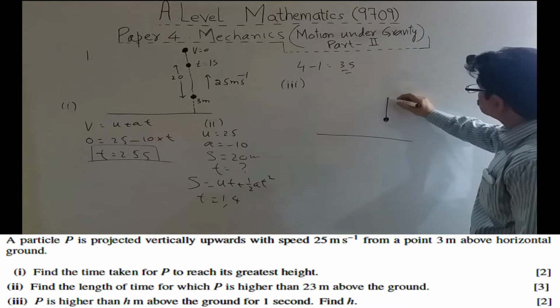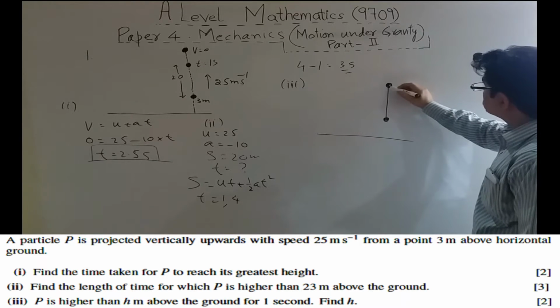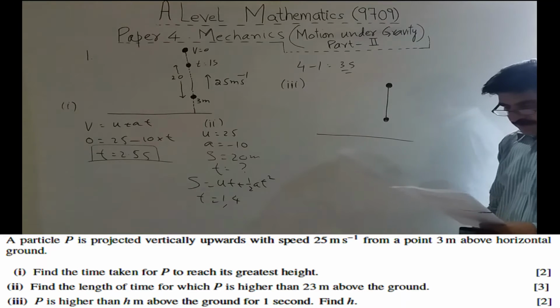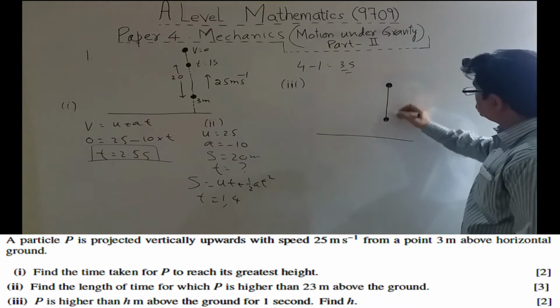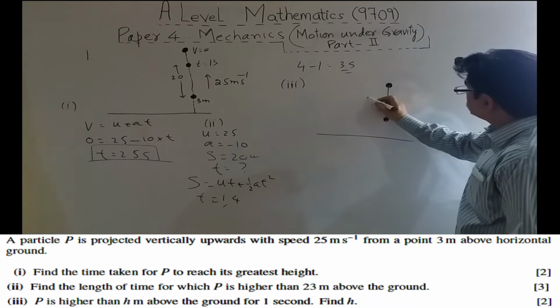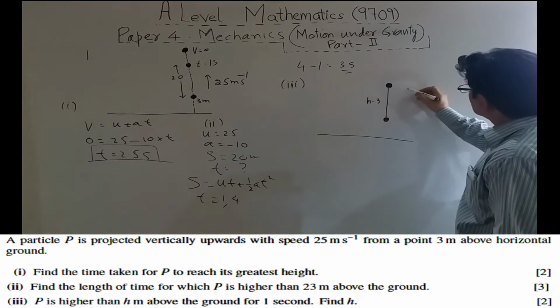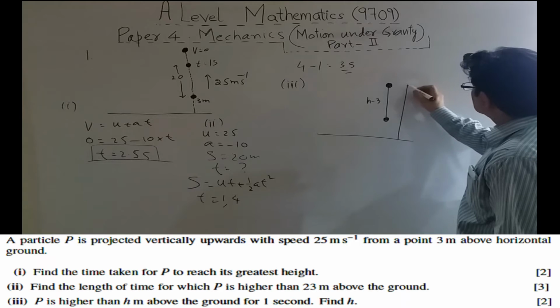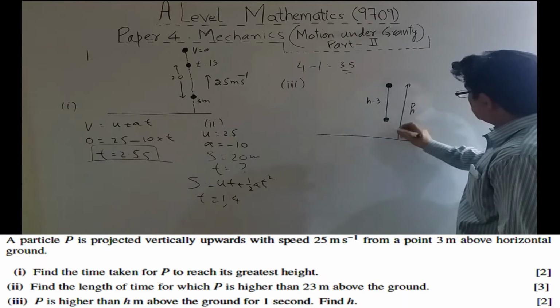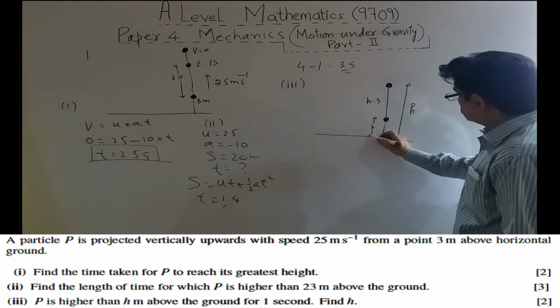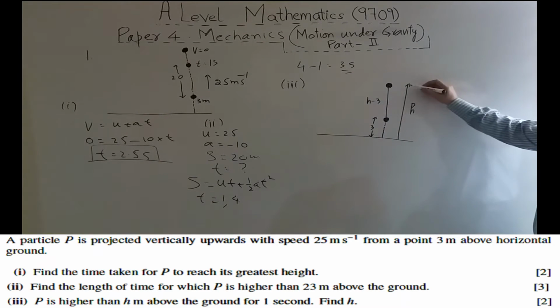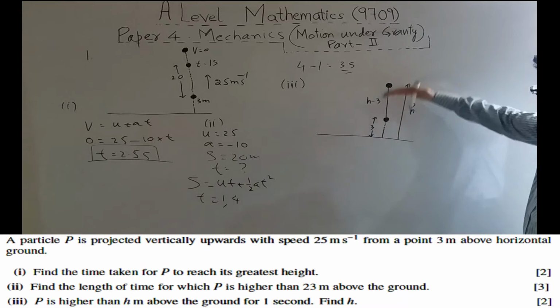From here P goes to some height h, but this height is from the ground. So from this to this point, this height will be h minus 3, because this total height is h, and you know that this height is 3.